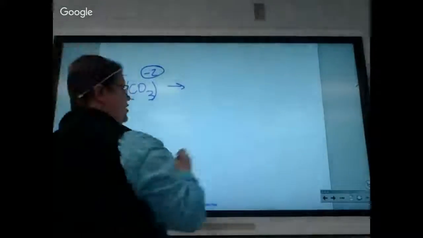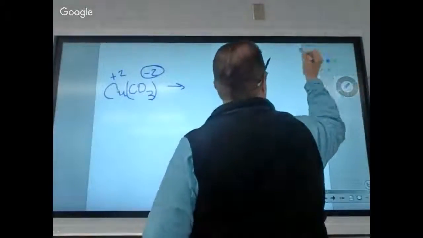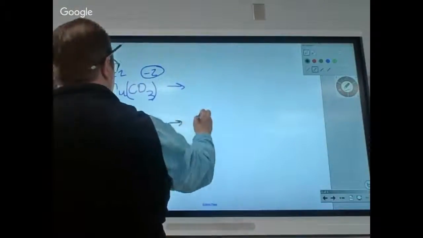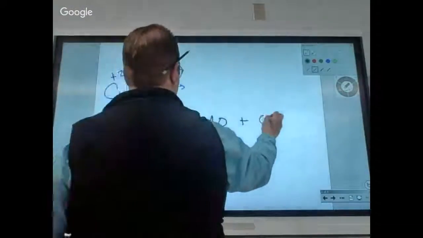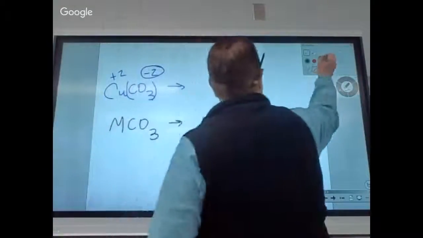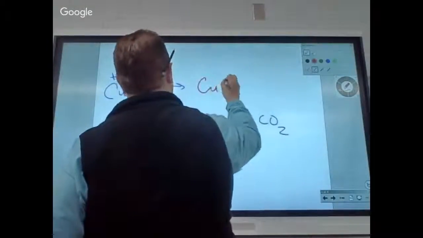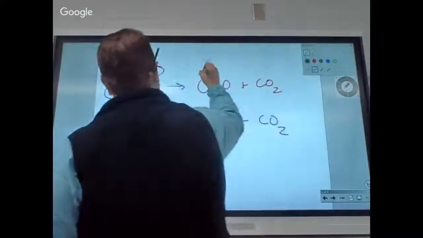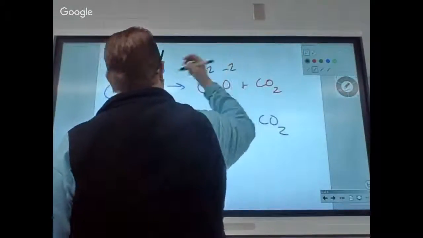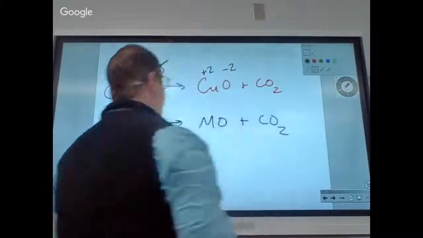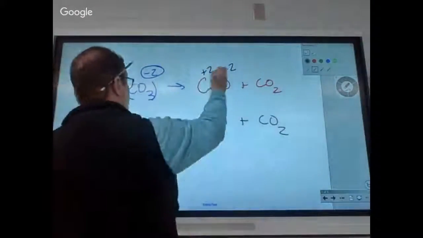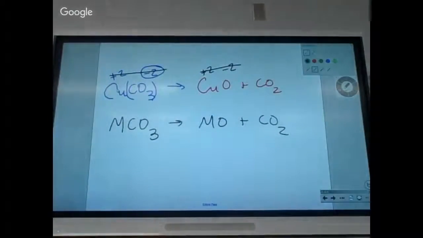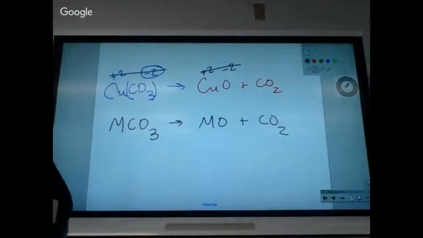So when you match it up with the formula on the reference table, it matches MCO3, which becomes MO plus CO2. So you write it as CuO plus CO2. Now that makes copper +2 and oxygen -2. So what's going to happen to all the 2's? They cancel out. Now the nice thing about this equation when you're done is it is already balanced. Okay?